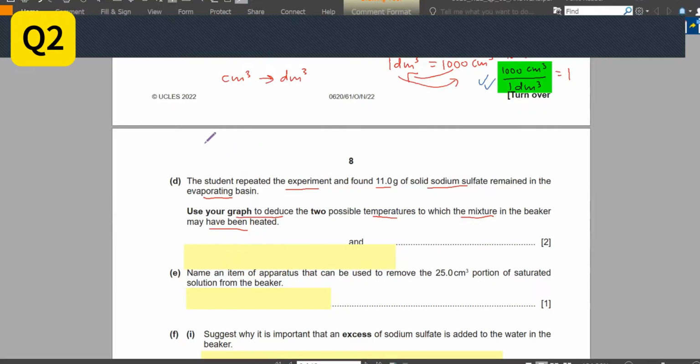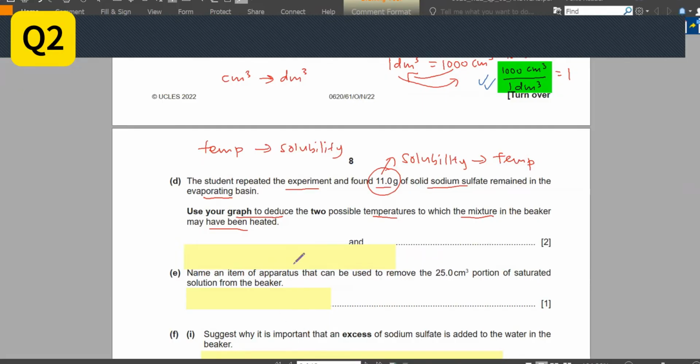So just now we are given the temperature, and we want to find the solubility. This is the other situation whereby we are given how much is dissolved. We are given the solubility, and we need to find the temperature at which this amount will be dissolved.